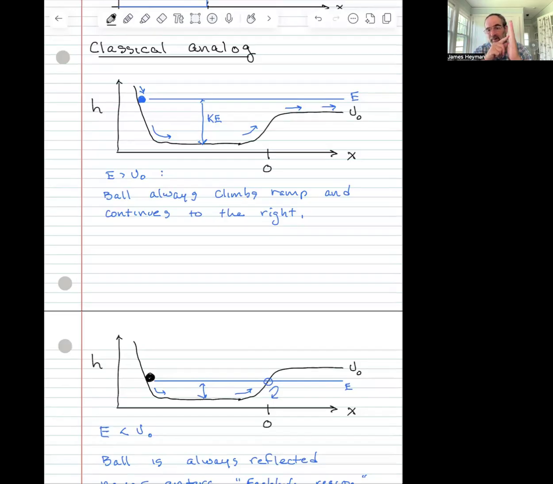Well, in that case, it's partially reflected and partially transmitted. So waves seem to exhibit a different kind of behavior that isn't available to particles in classical mechanics. And so that gives us the thought that maybe we'll see something like that when we consider this problem.